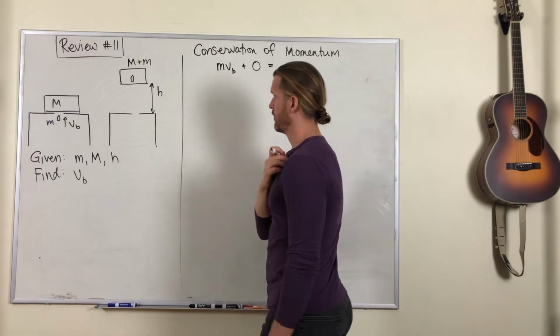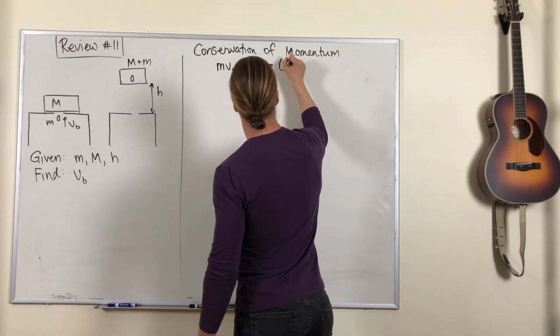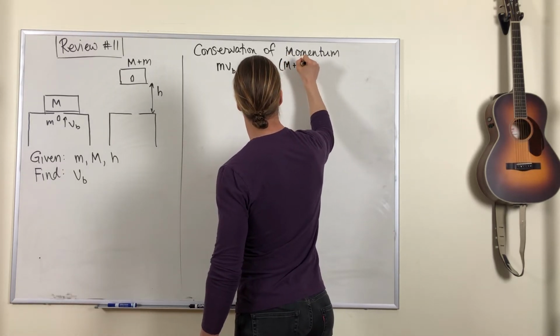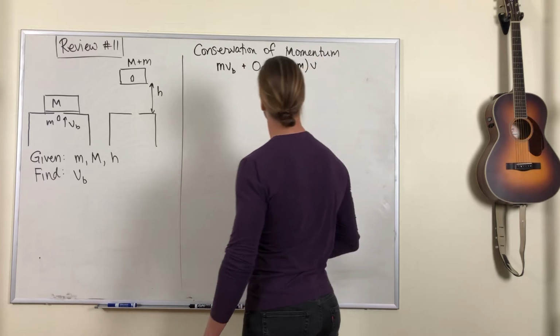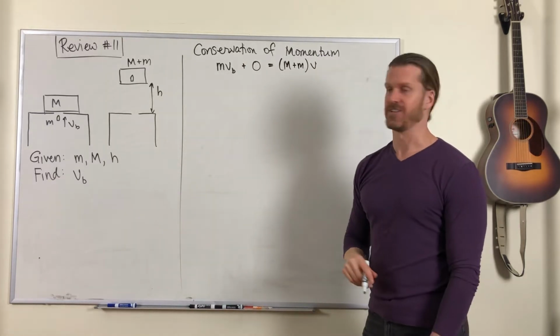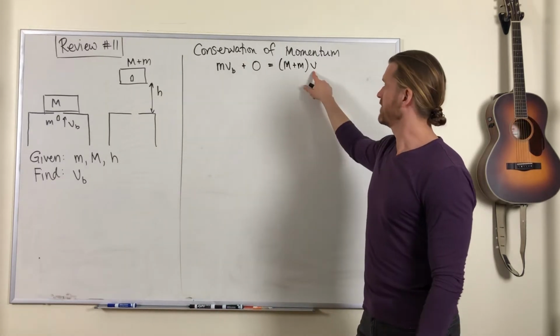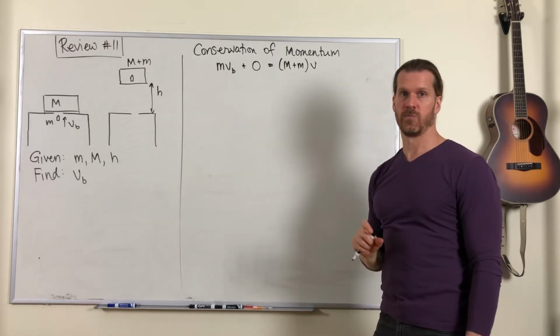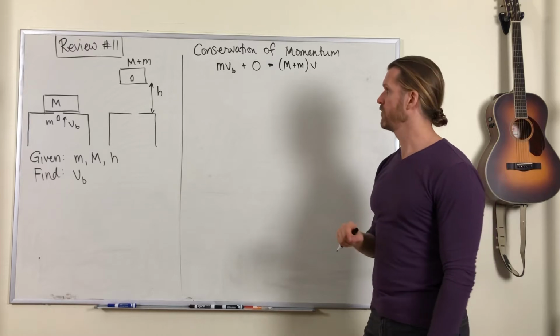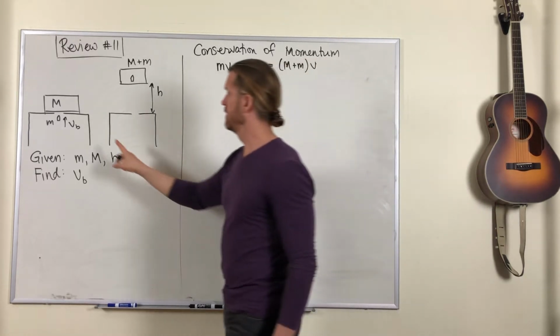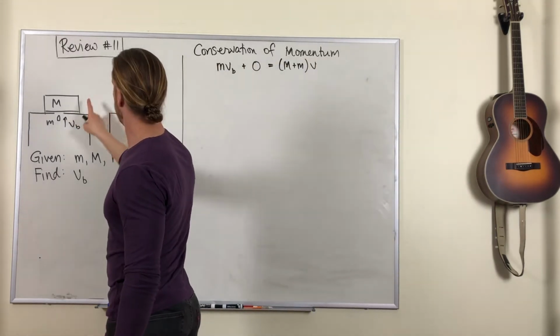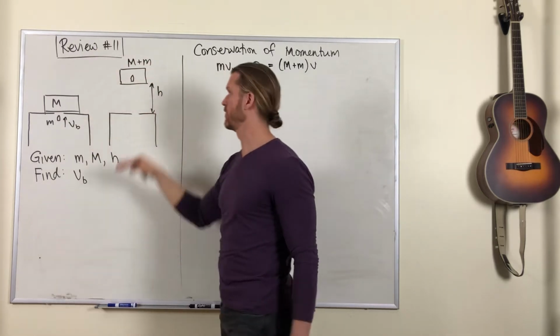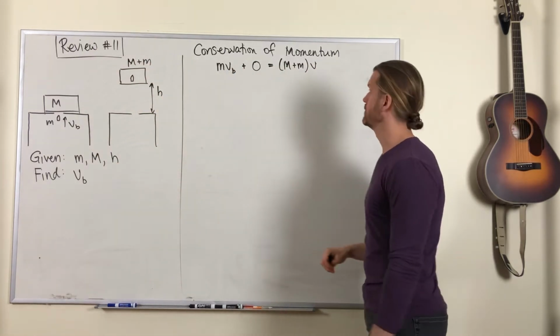And that equals the final momentum of the block plus bullet combination immediately after the collision. So I'm using this symbol V to refer to the speed of the bullet block system right after the collision happens, when it's still at the level of this table.